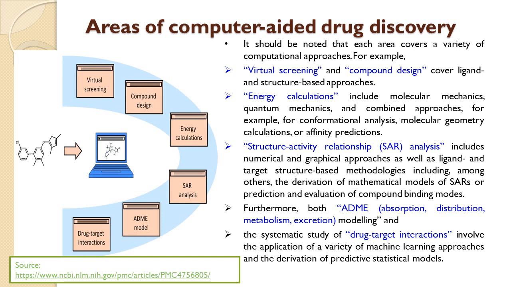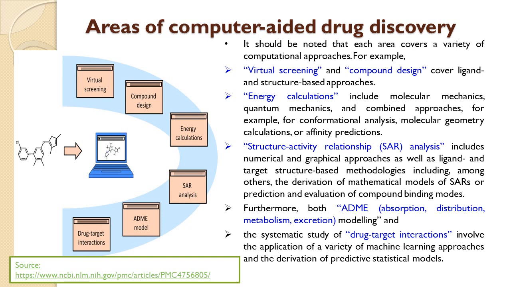Structure activity relationship, which is known as SAR, includes numerical and graphical approaches as well as ligand and target structure based methodologies, including, among others, the derivation of mathematical models of SAR or prediction and evaluation of compound binding modes.